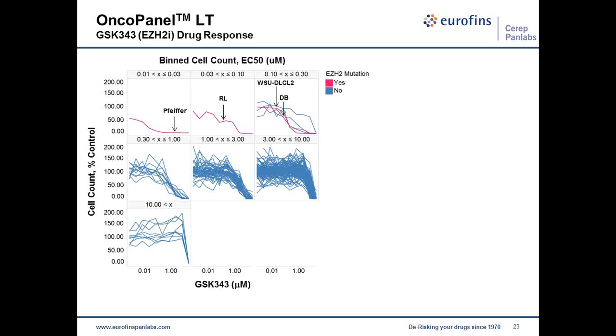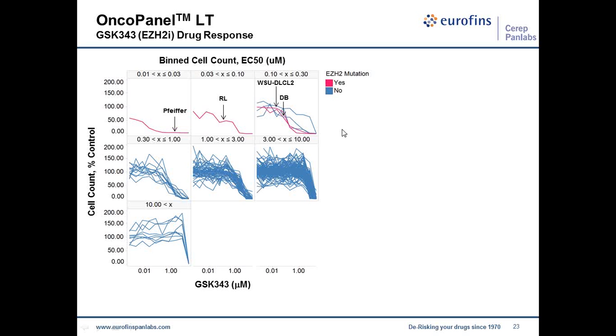We tested this inhibitor in all 240 cell lines, and what I've done here is I've binned the EC50 values by potency. These are binned into half-log buckets. In the top left are the cell line dose response curves that are the most sensitive, and this moves to increasing levels of resistance.